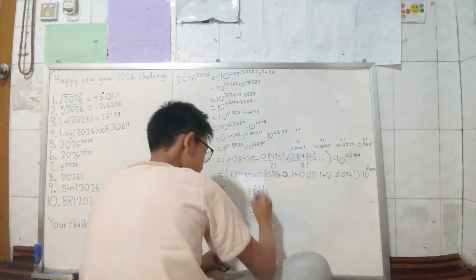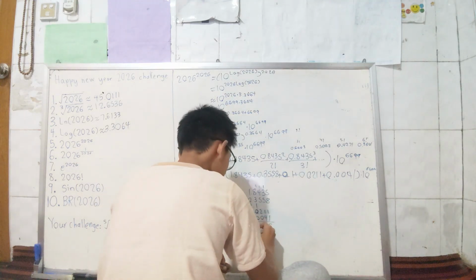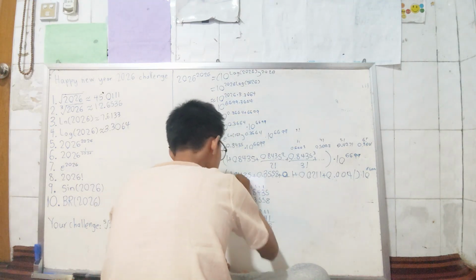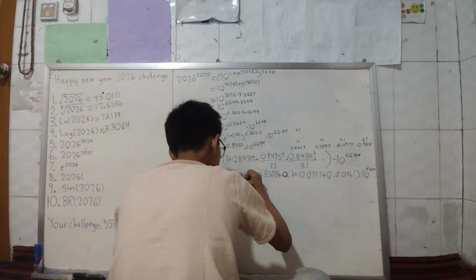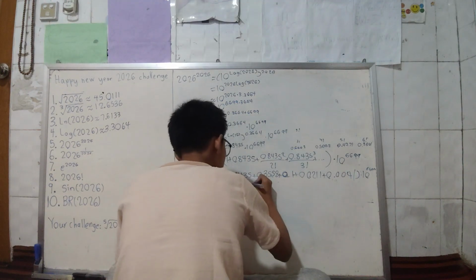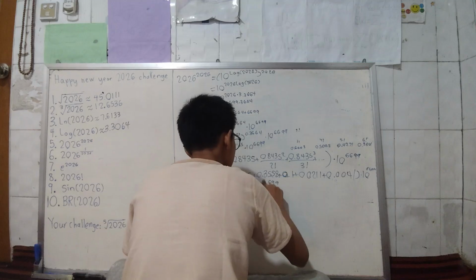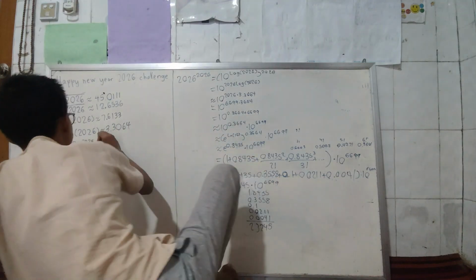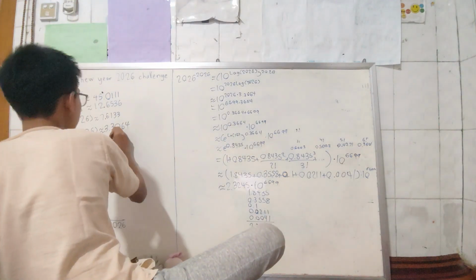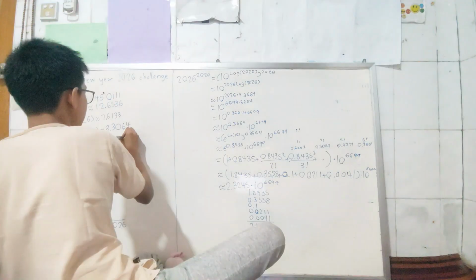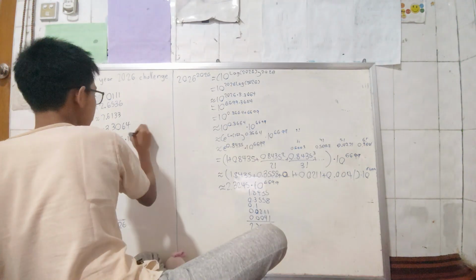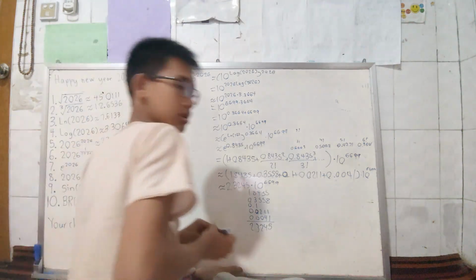Okay, 10, 13. Maybe 2.3245 times 10 to the 9, 6699. So that's gonna be approximately 2.3245 times 10 to the power of 6699.